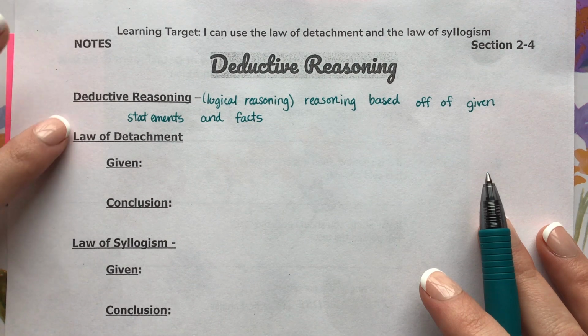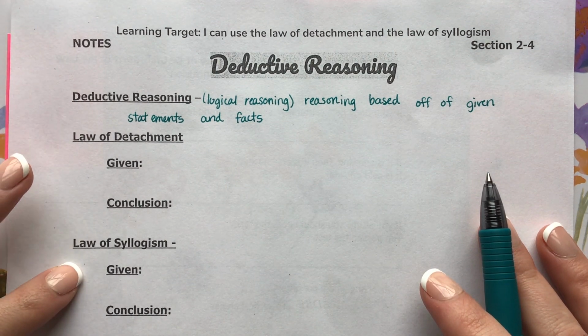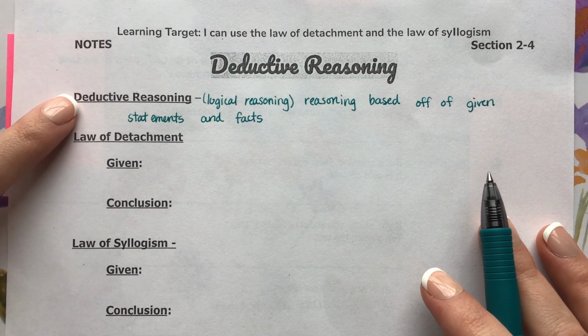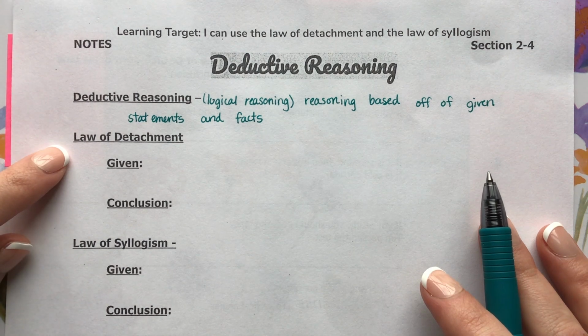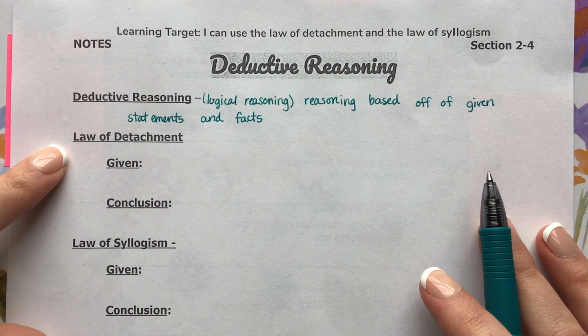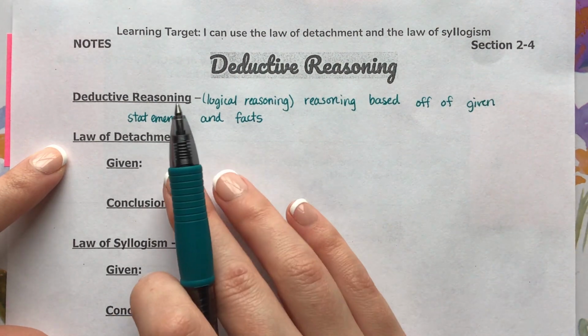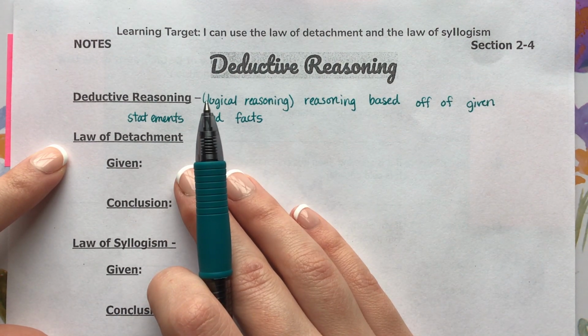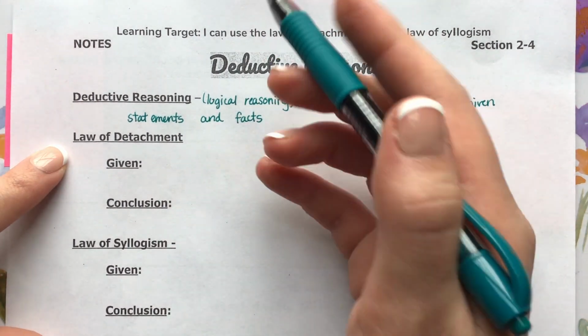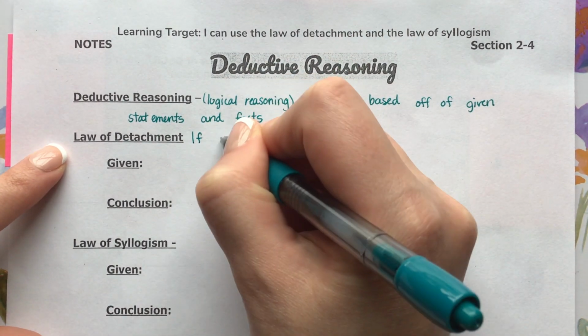So then we have two different types of laws that we can use in deductive reasoning. The first one is called the law of detachment. And what we have here is, if the beginning of a true statement is true, then the conclusion is also true. So let me write that out.